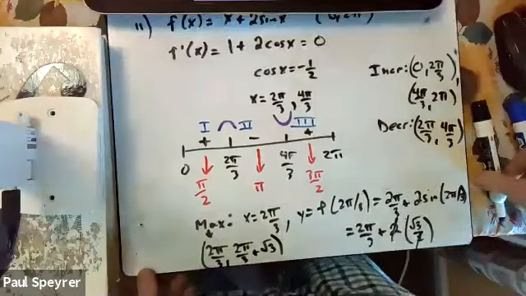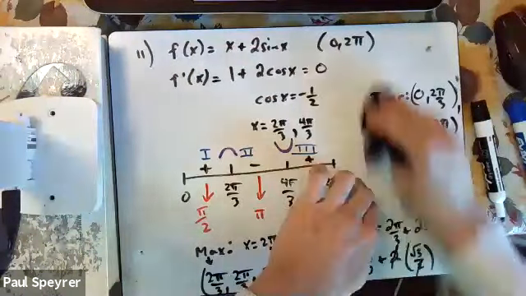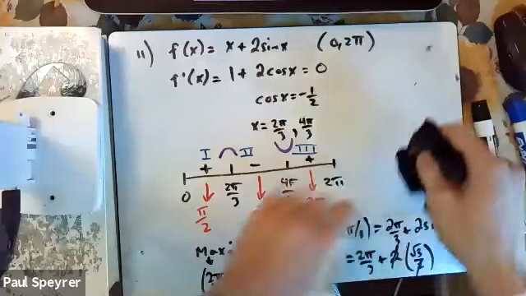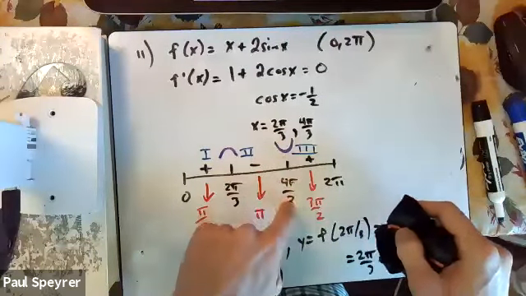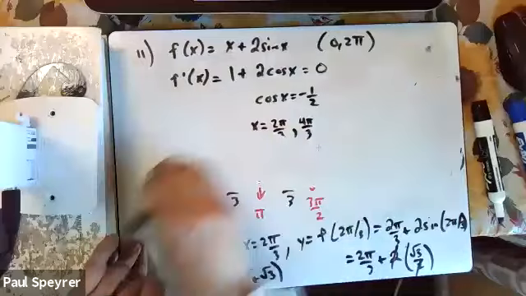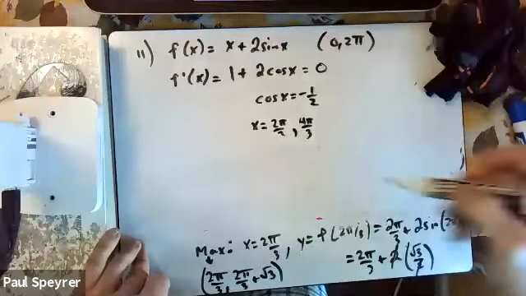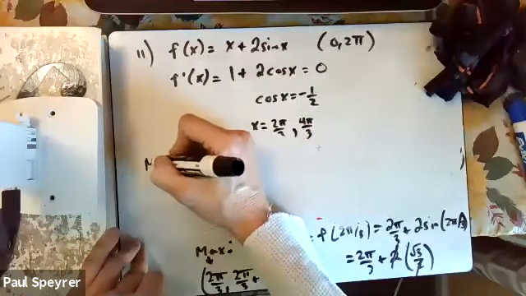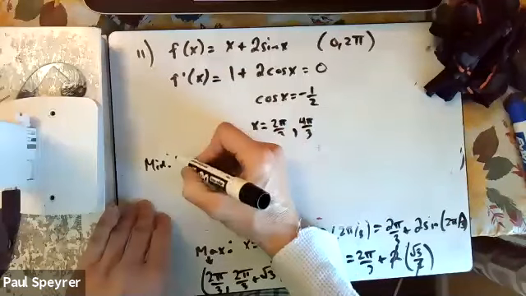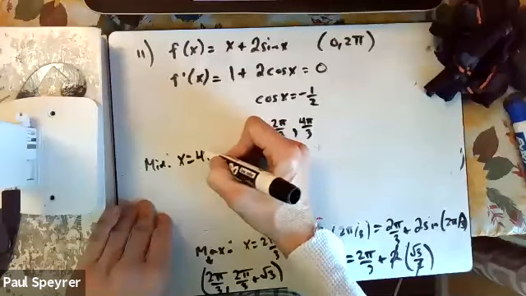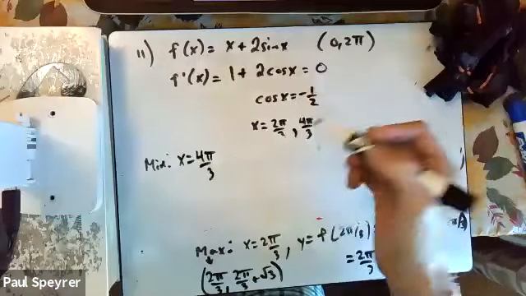Where's your local min at? It's right here, right? We saw that at 4 pi over 3. But what's that y value going to be?